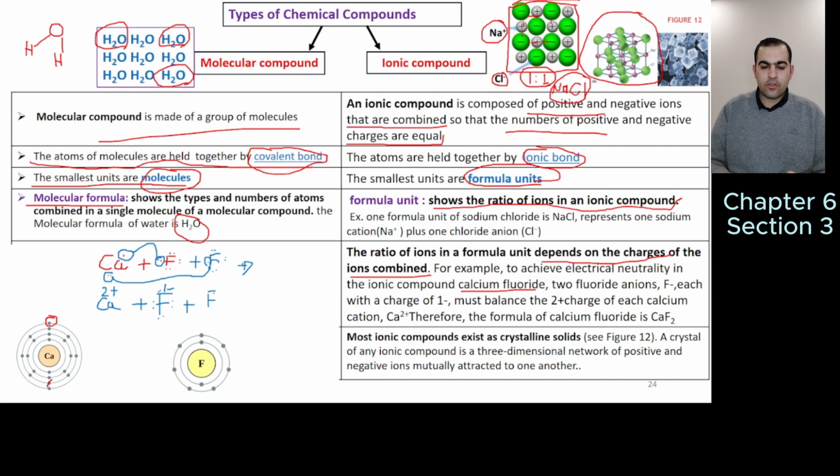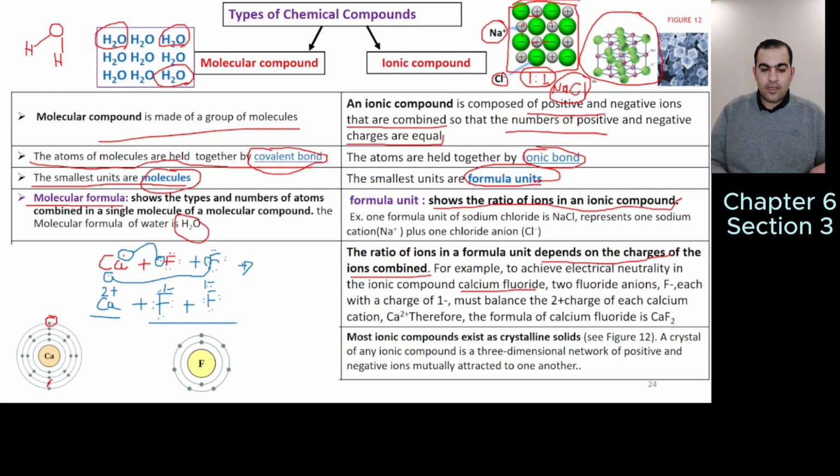This fluorine also, after getting 1 electron from calcium, has a charge of 1 negative. Now for each calcium there must be how many fluorine? 2 fluorine. Because calcium loses 2 electrons, there must be 2 fluorine. Why not only 1? Because each fluorine can get only 1 electron.